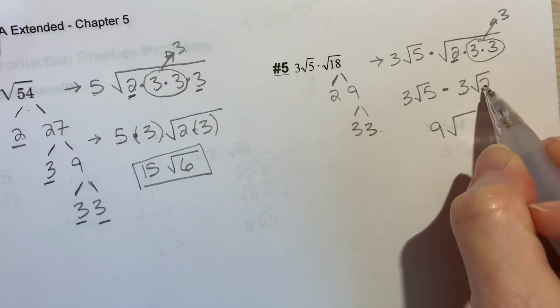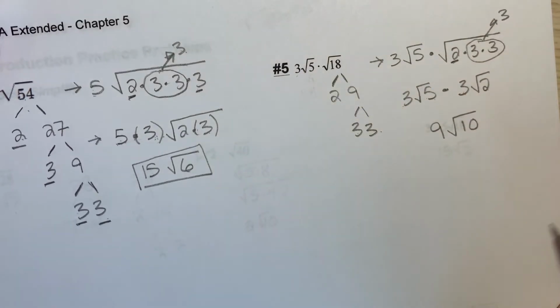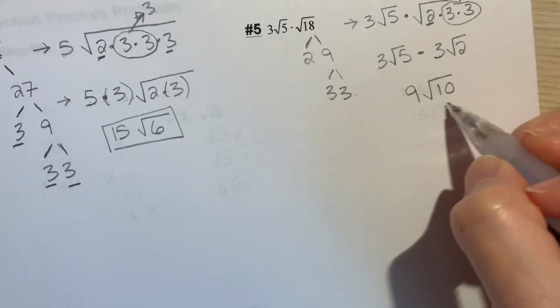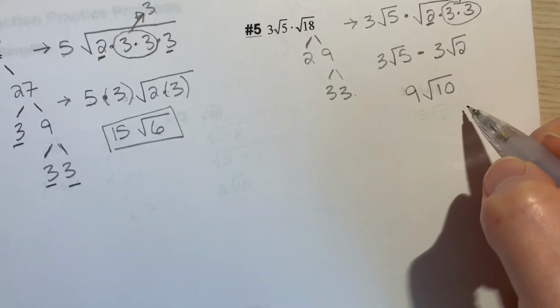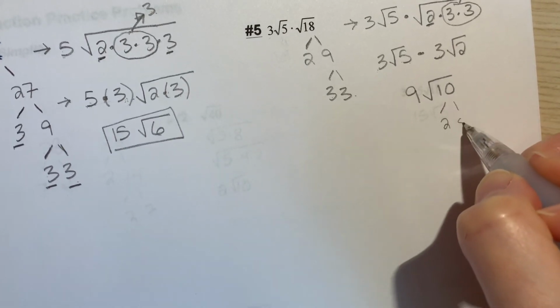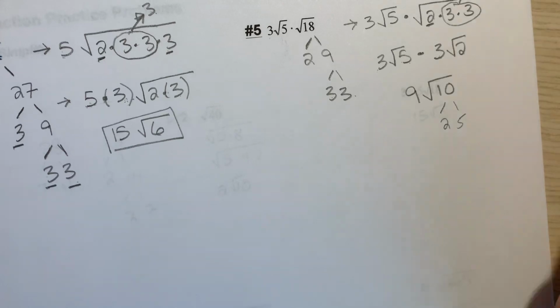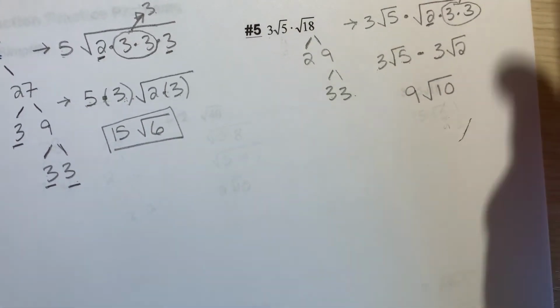They're still in jail though. Don't let them out. 5 times 2 is 10. Now I do need to check and make sure this cannot be simplified any further. But if I do a tree on here, I just get 2 times 5. And then I know, okay, well, there's no doubles, so that can't be simplified any further.